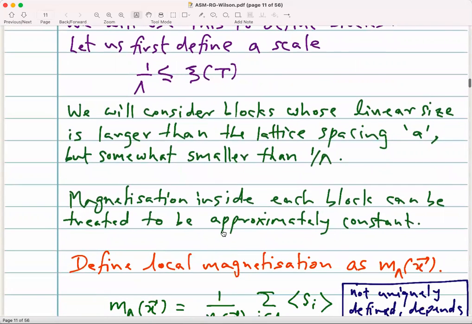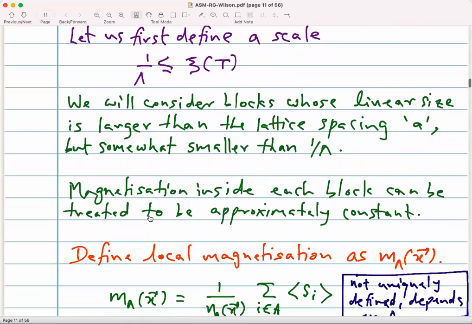So as I said, since we are choosing this quantity to be smaller than psi, we can assume that the magnetization in each block is roughly constant.